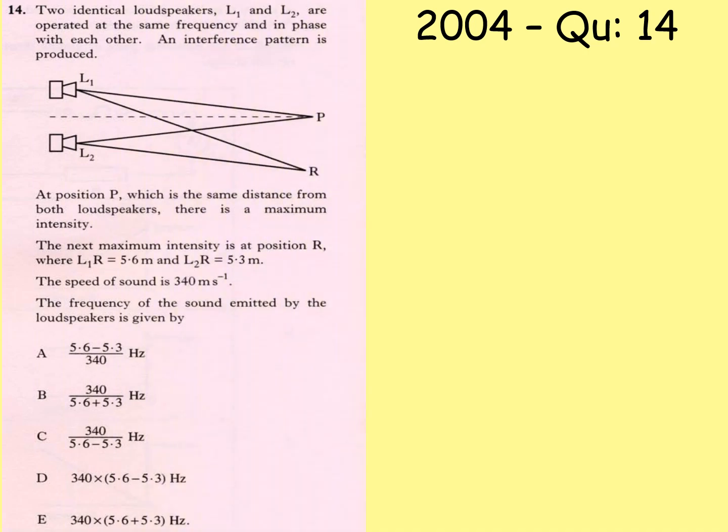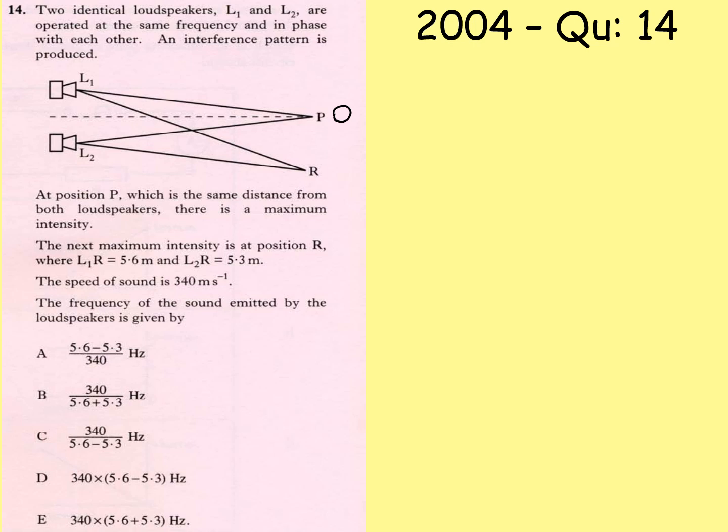2004, question 14. Again, two identical loudspeakers, L1 and L2, are operated at the same frequency and in phase with each other, so they're coherent. An interference pattern is produced. At the position P, which is the same distance from both loudspeakers, so that's our zero order maxima, there is a maximum intensity.